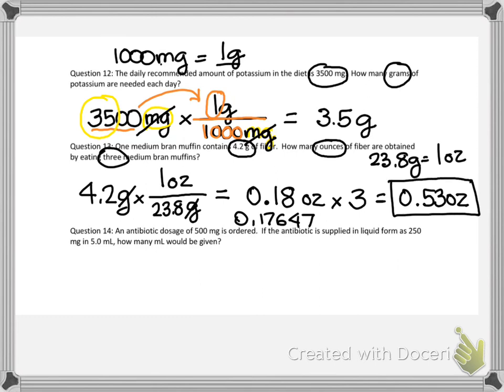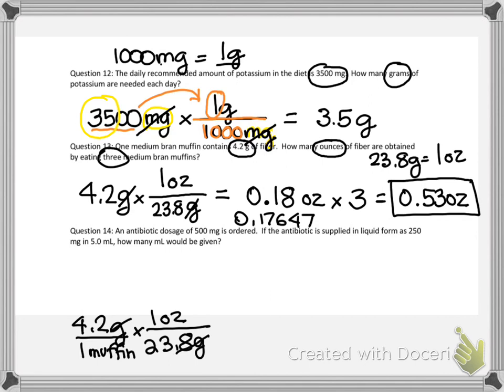Now, if you wanted to, you wouldn't have to put the equal sign in between. You could just do this continuously. Like I could have gone 4.2 grams times 1 ounce over 23.8 grams. You could even think this is in 1 muffin. And then that would cancel. And then you could say times 3 muffins, and have your muffins cancel.